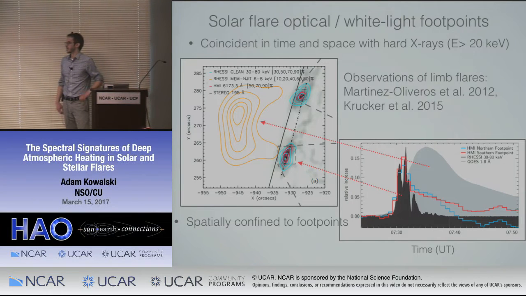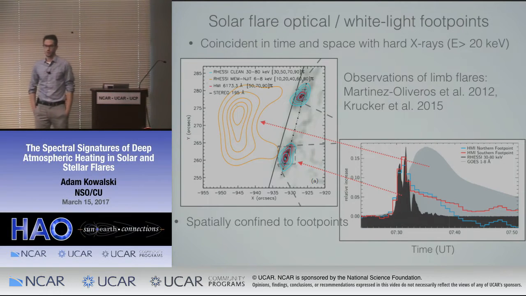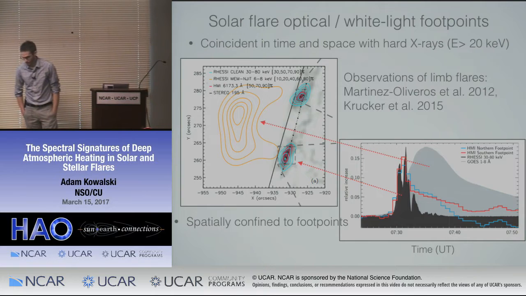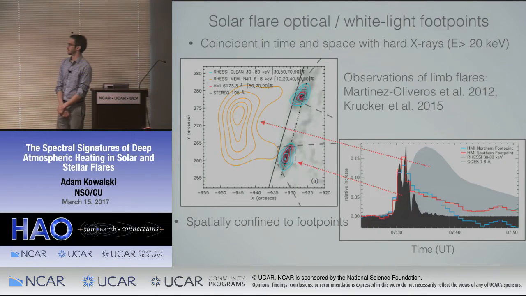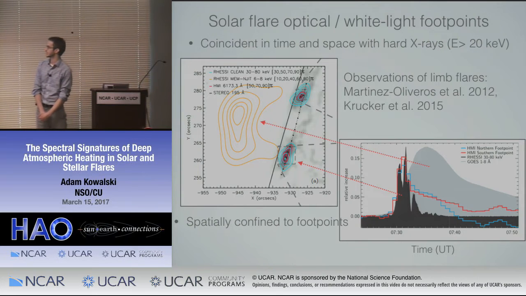So how do these non-thermal electrons relate to the white light emission? Well, it's been known for a long time observationally that the hard X-rays and the white light emission are spatially coincident and also temporally coincident. So here's an observation of a flare on the limb of the sun.